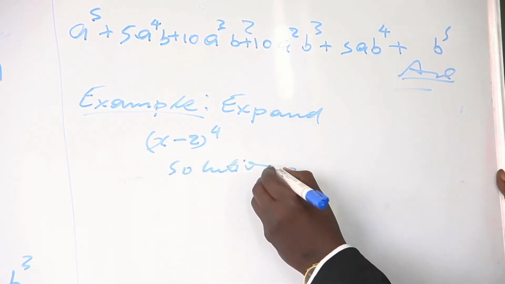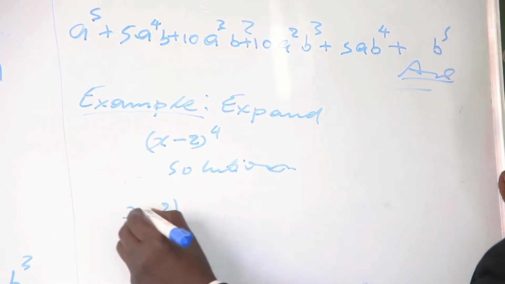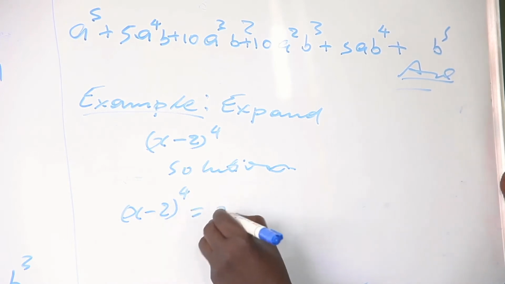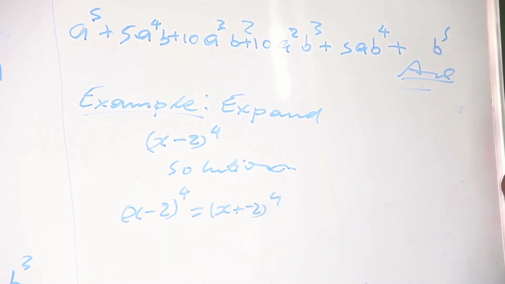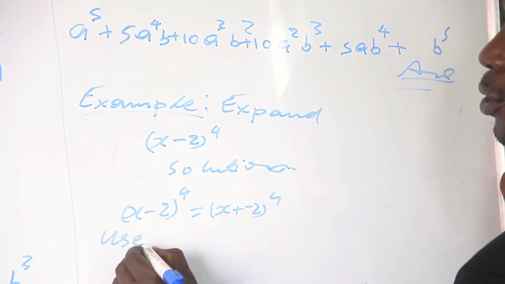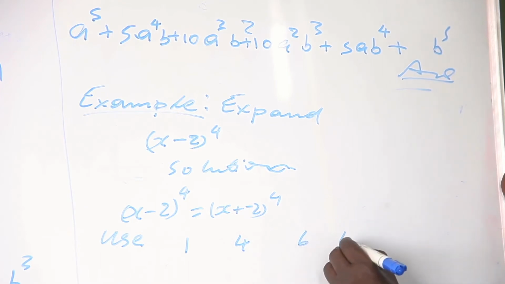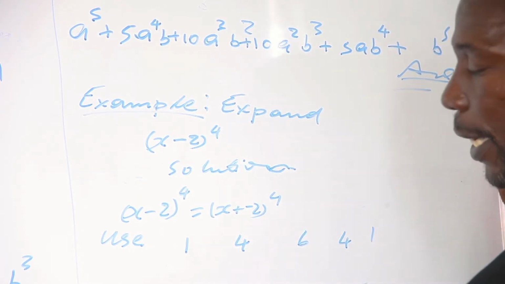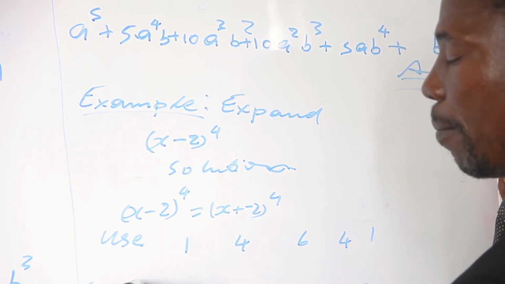We have x minus 2 power 4. This one is x plus a negative 2 power 4. We use 1, 4, 6, 4, 1. So, x plus negative 2 power 4.